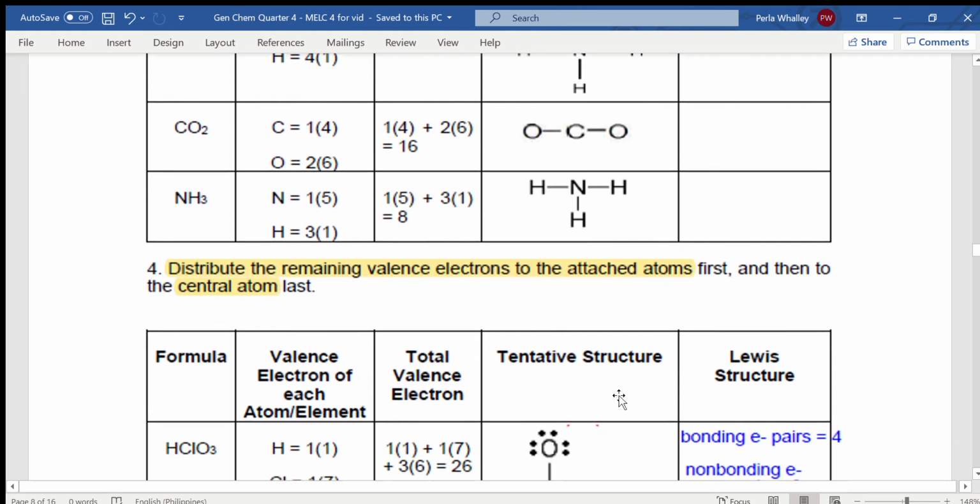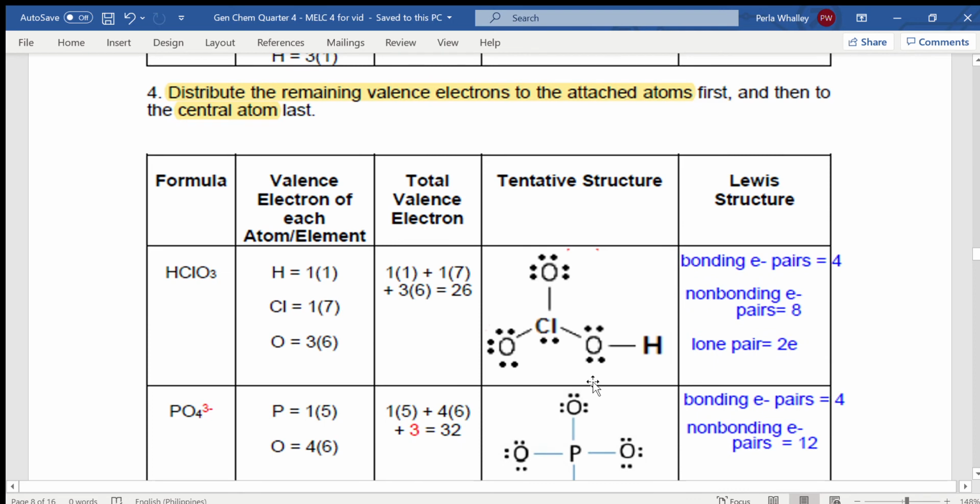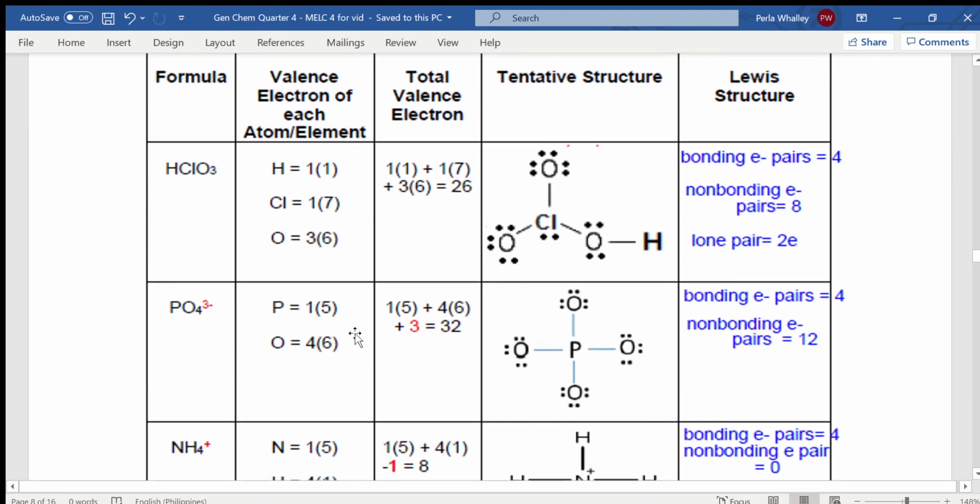Step number 4. Distribute the remaining valence electrons to the attached atoms first, and then to the central atom last. Okay. So for chloric acid, there are 26 electrons around it. Remember that they have to follow the octet rule.